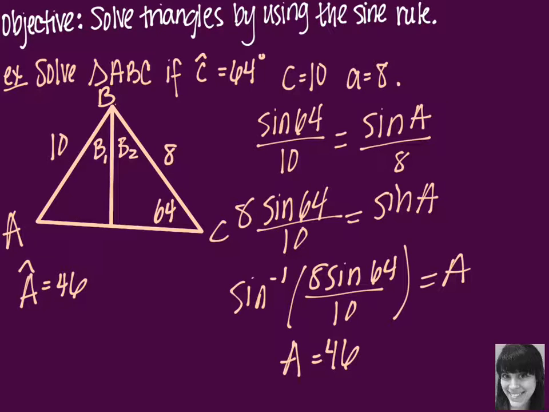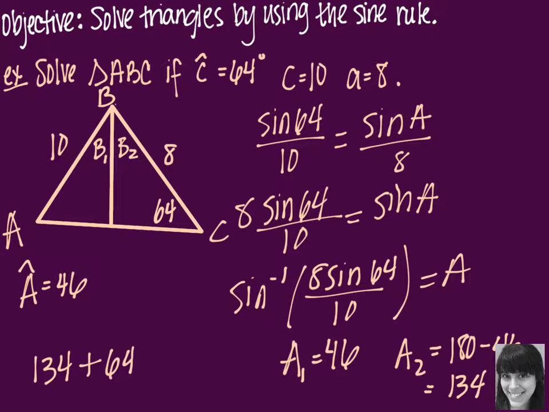So it should give us two options, right? So if A1 is 46, then A2 is 180 minus 46, and that possibility would be 134. 134 plus the original angle, which is 64, is greater than or equal to 180.